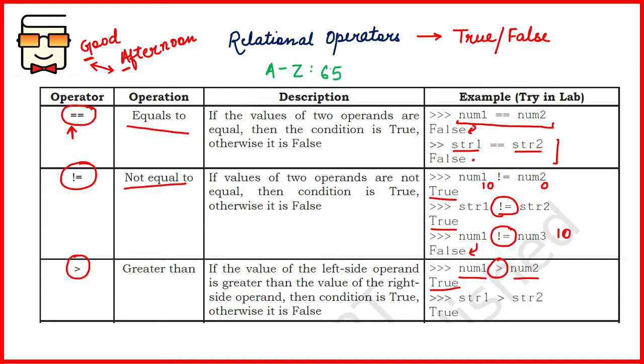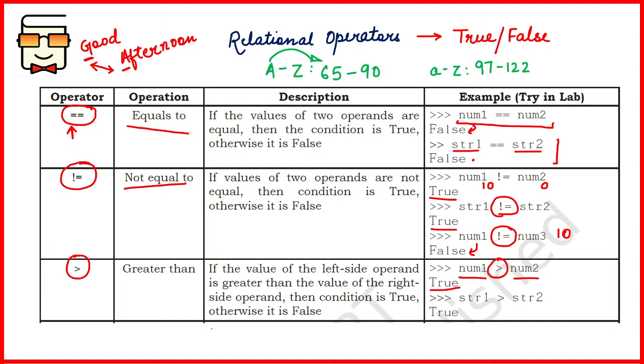That means capital A has the ASCII value of 65 and capital Z has the ASCII value of 90. And small a to small z range between 97 to 122. So whenever two strings are compared, the characters are compared based on the ASCII value.